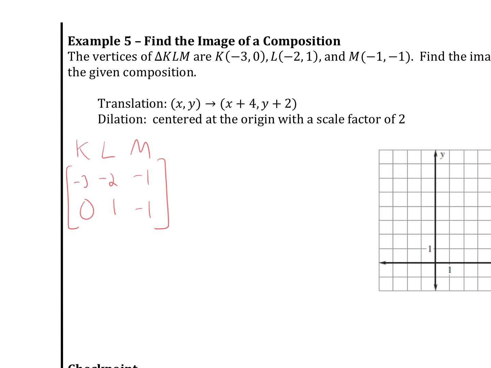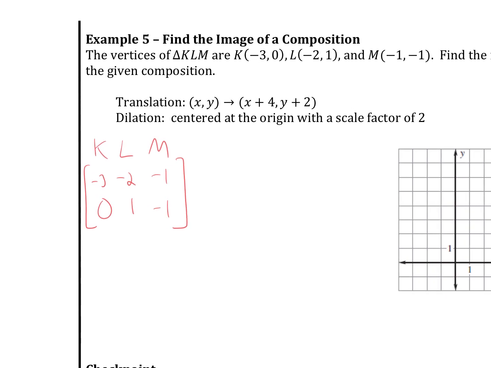Okay? If we're doing a translation of x plus 4 and y plus 2, what are we going to do to this? Well, what we're going to do is a translation matrix, right? So what are we going to add to the x's and the y's? Well, x plus 4, we're going to add 4 to all the x's, right?